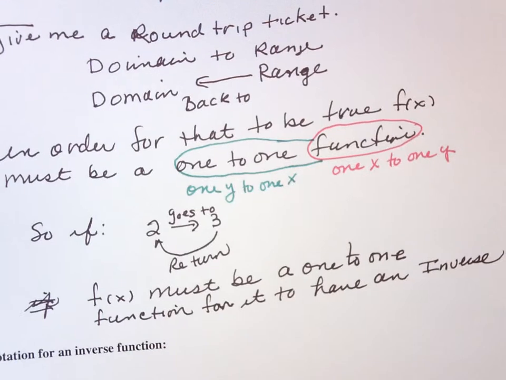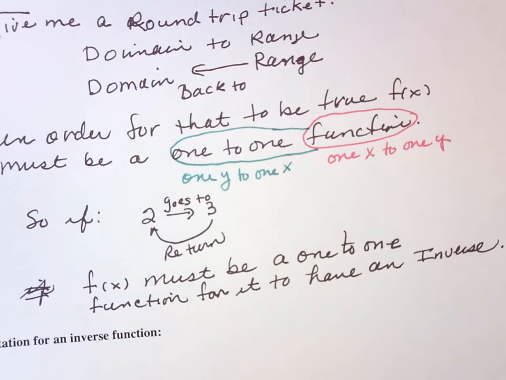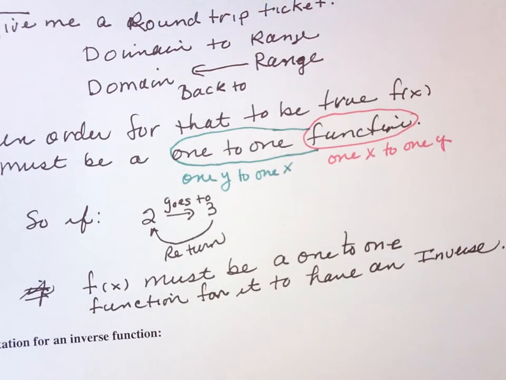Which means not all functions have inverses. Not all functions can have inverses. You might be able to define it to have an inverse, and we'll talk a little bit about that, but not all functions have inverses.